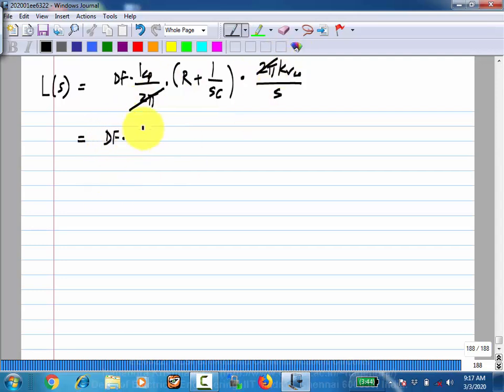So density factor, ICP, kVCO by 1 plus SCR by S square C. So let me do it slightly differently. I will put an R here and then SCR and S. Okay.